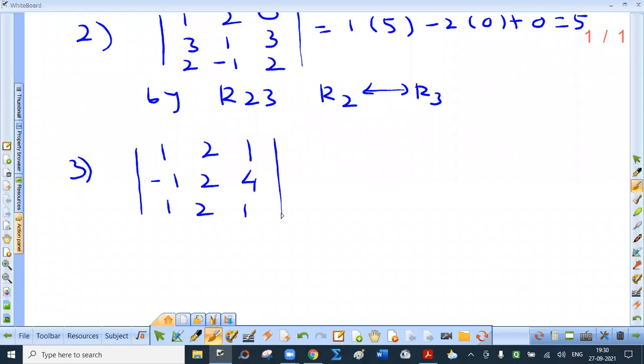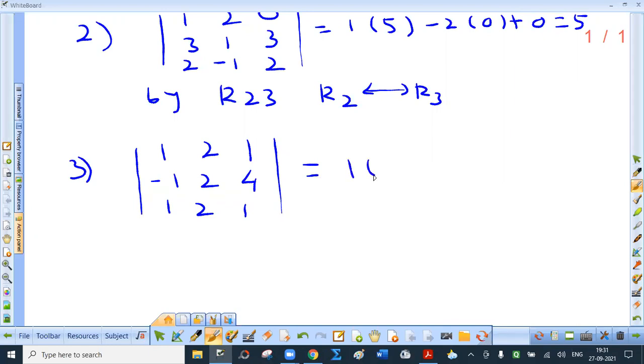What is your observation? The first and third rows are identical. We could have taken identical columns; I have taken identical rows. So the expected value is equal to 0. So hereafter, when you are asked to show that the value of the determinant is 0 without expanding, you have to show that any two rows or columns are identical.